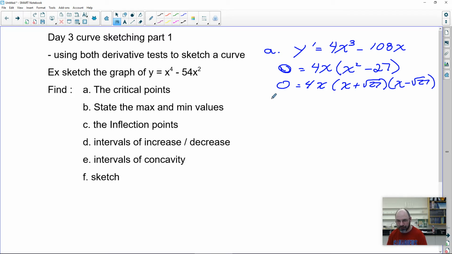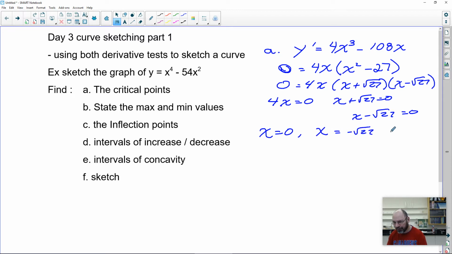So 4x equals 0, or x plus root 27 equals 0, or x minus root 27 equals 0. So x equals 0 is one critical point, x equals negative root 27 is another, and x equals positive root 27. That gives us our 3 critical point x values.